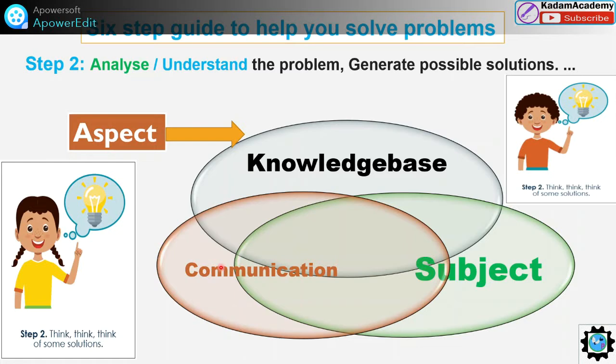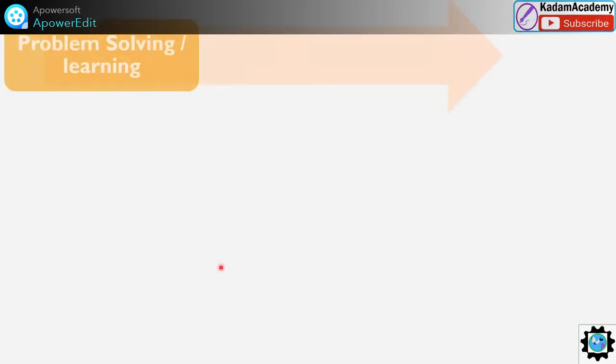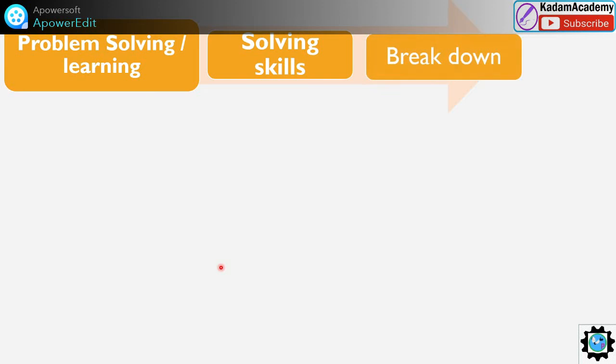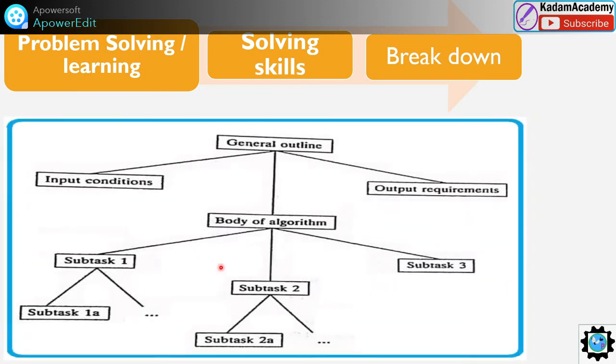In this learning of problem solving, we are utilizing the skill, an ability to break down the problem into small pieces. What we are going to do here is break down the problems into smaller or manageable parts, defining the main elements.